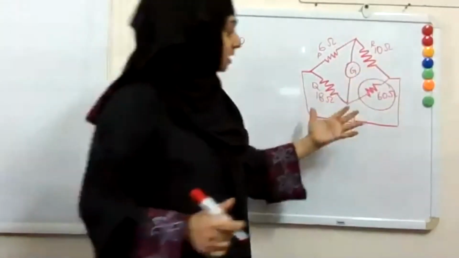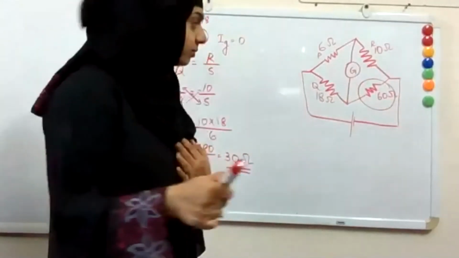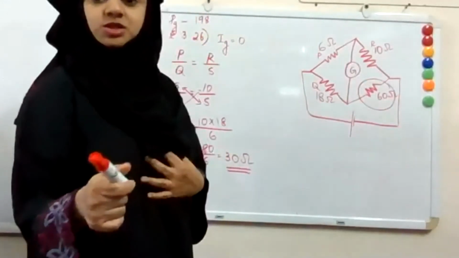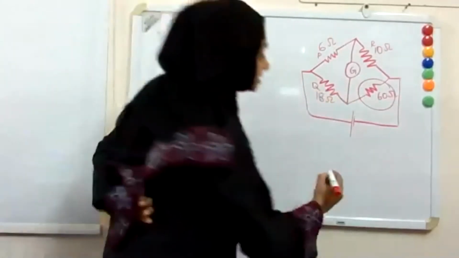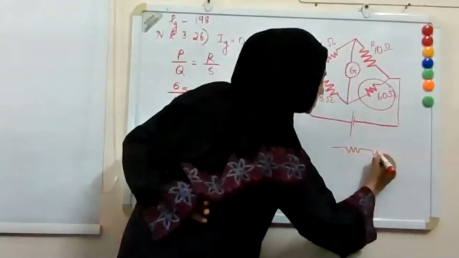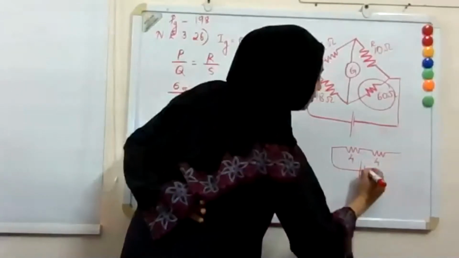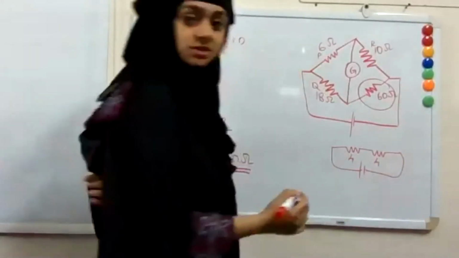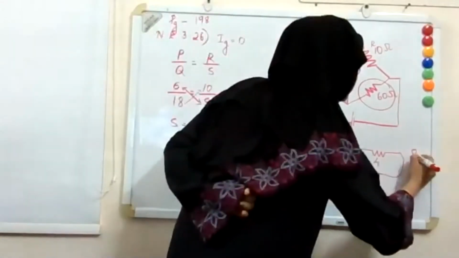Maybe other students still have a doubt how he got the answer. Suppose you have two resistances, 4 ohm, 4 ohm. What will be the effective resistance? 8 ohm.